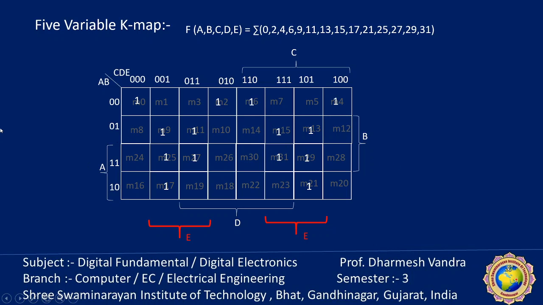B. And here, this E. So this 4 is represented by E as well as E. So for these 8, the common thing is that the middle two rows are represented by B, and the middle two cells in both quadrants are represented by E. So an 8 minterm adjacent cell combination is possible, and the literals are BE.